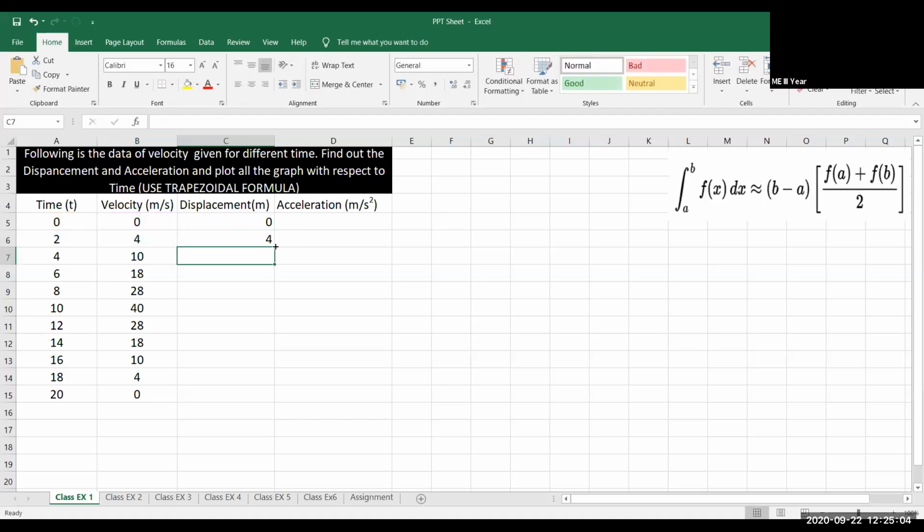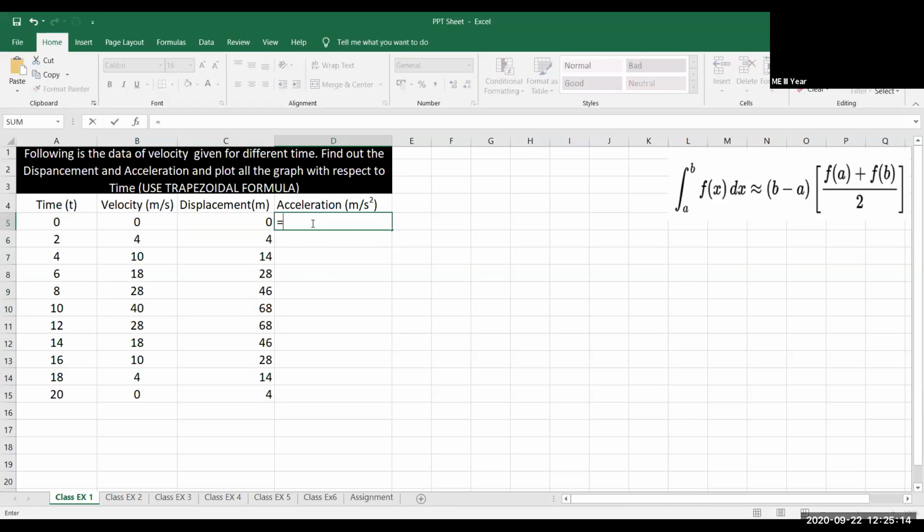After that, as in the first class we discussed, drag up to what you want, you will get the result. Similarly, for the acceleration. What is the formula for the acceleration? Velocity divided by time. So we have different velocities, so we have to use v2 minus v1 divided by t2 minus t1.